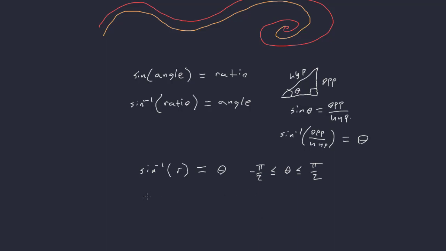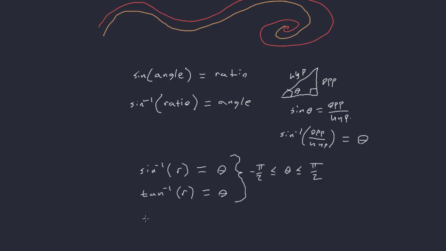The same is true for tan inverse: if we give it a ratio, it gives us a theta, but that theta is only between negative pi over 2 and pi over 2.